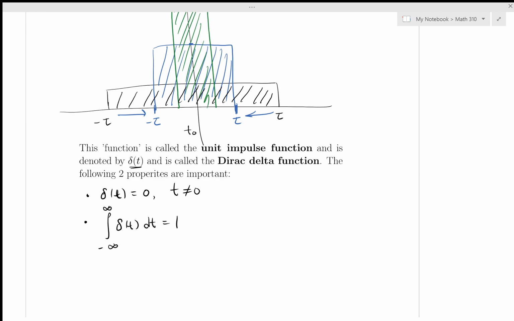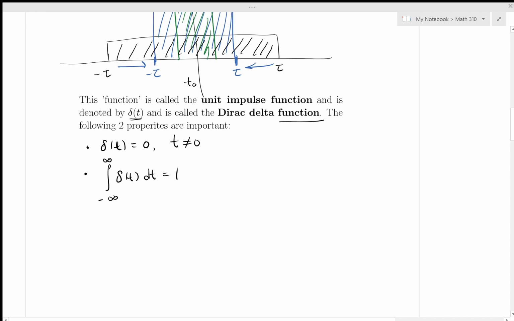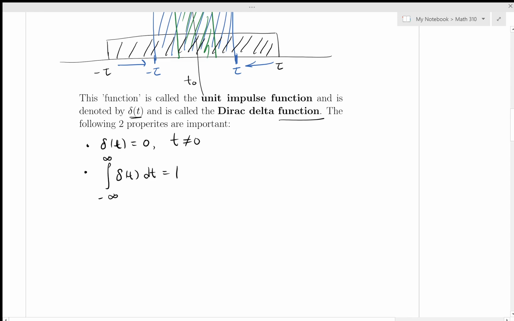Okay. I'm using this word function, but really, this is not a function in the normal sense that we use it. It's not actually a function. It's a generalized function. So let's make note of that, so we're not saying anything incorrect here. Delta of t is not actually a function, although I will use that word.